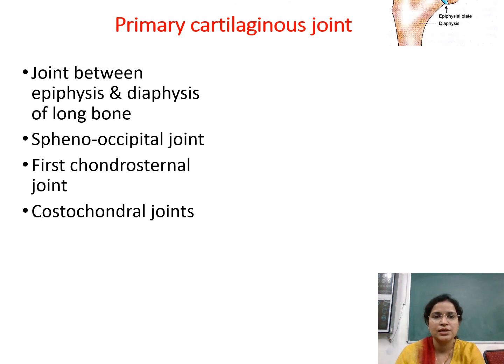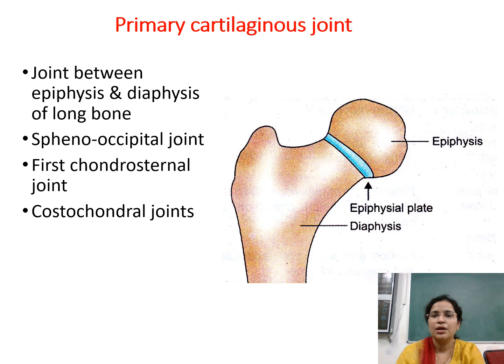Here is the epiphyseal plate of cartilage. It exists between the epiphysis and diaphysis, and growth takes place here. The first chondrosternal and costochondral joints are also primary cartilaginous joints.